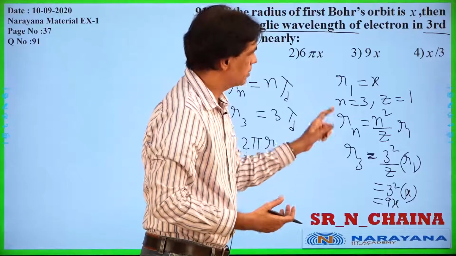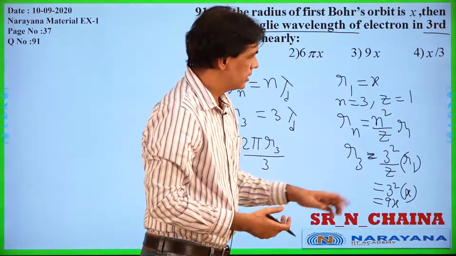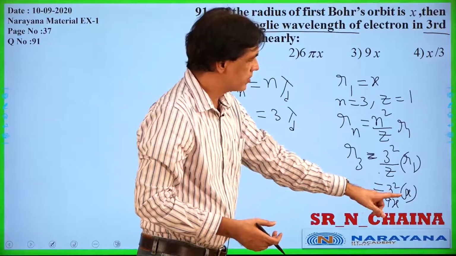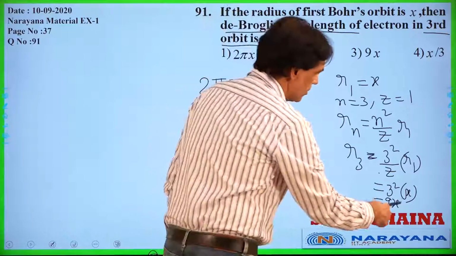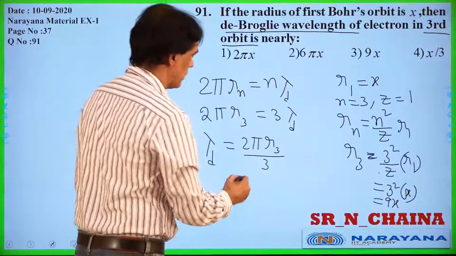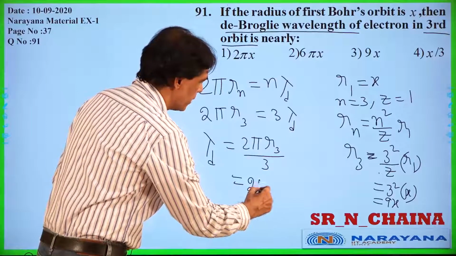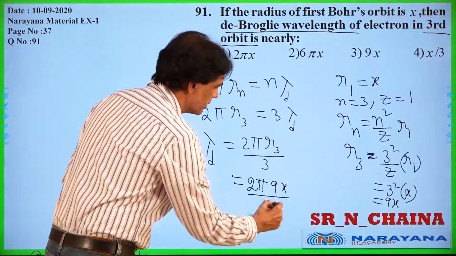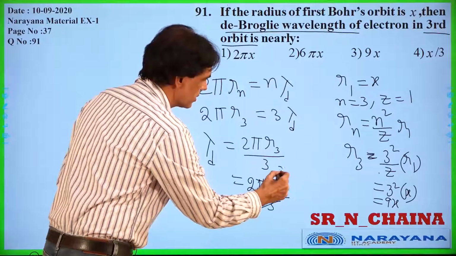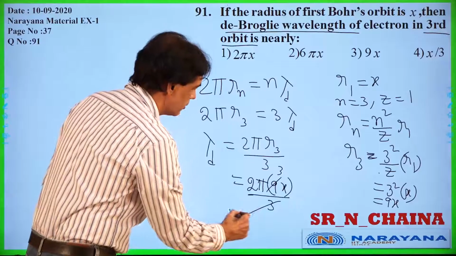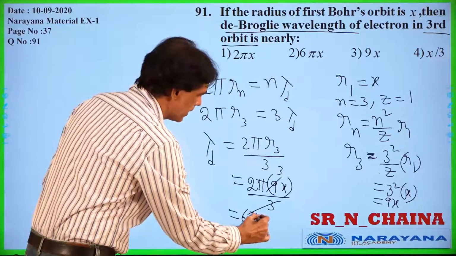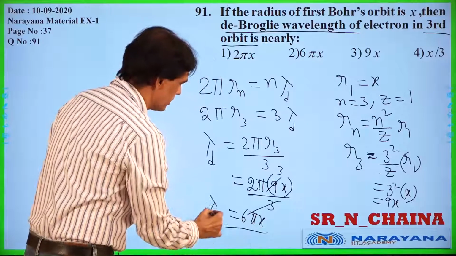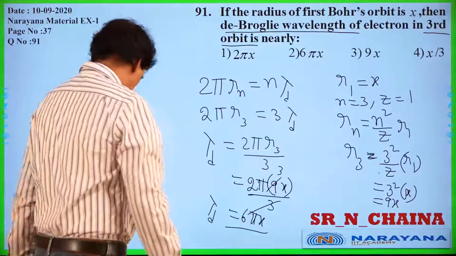So when z is 1, R3 becomes 9x. Substituting, I get 2 pi into 9x by 3. It goes 3 times here, so it will be 6 pi x. This is lambda de Broglie.